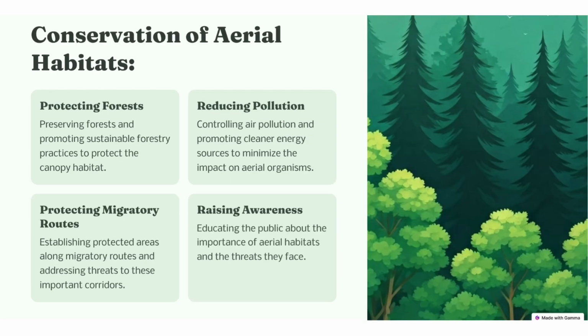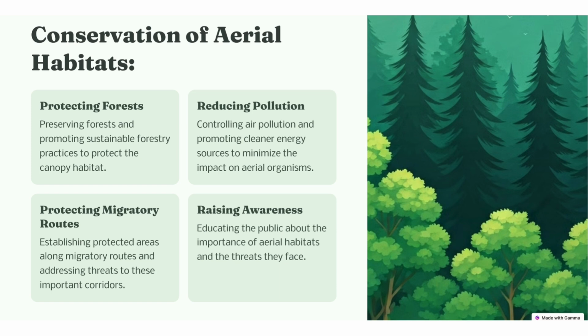All right. So, conservation of aerial habitat. So, protecting our forests, preserving forests, and promoting sustainable forestry practices to protect the canopy habitat. Reducing pollution, controlling air pollution, and promoting cleaner energy sources to minimize the impact on aerial organisms.